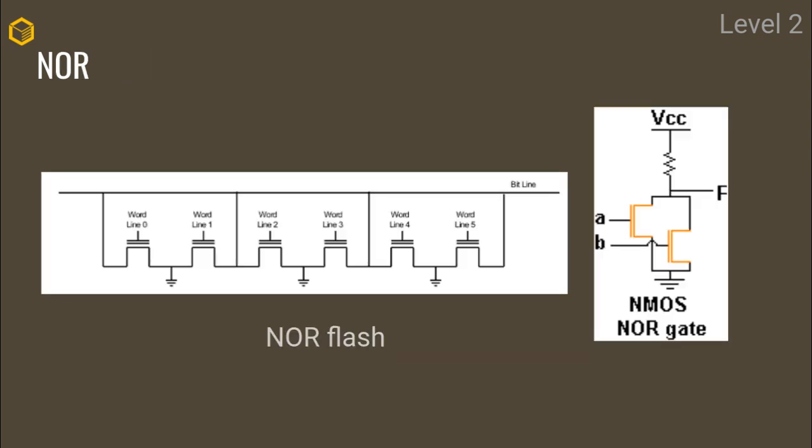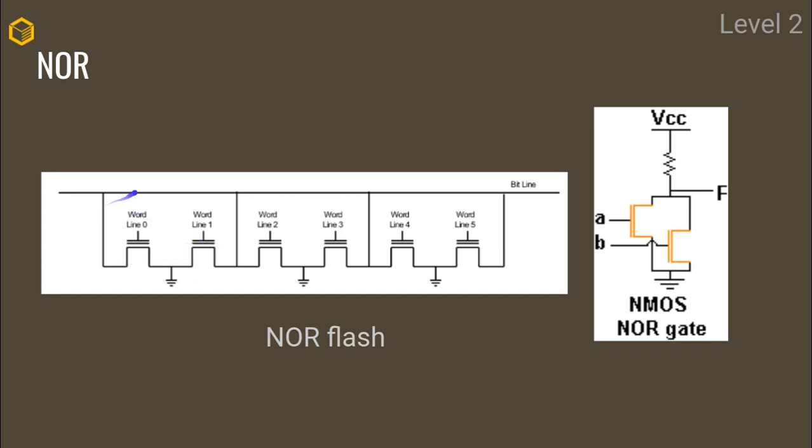So NOR is the kind of memory arrangement where you would have one cell. So this is the representation of your flash memory cell. You would have your floating gate here in the middle. This second line here would be your control gate. Here would be your source, and here would be your drain.